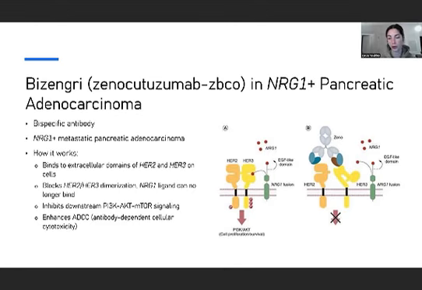So what it does, over on the right, we have our regular NRG1 pathway that we mentioned before, and right beside it, we have the pathway with Bizengri. So what Bizengri is doing is attaching itself to HER2 and HER3 at the same time, because it is a bispecific antibody.